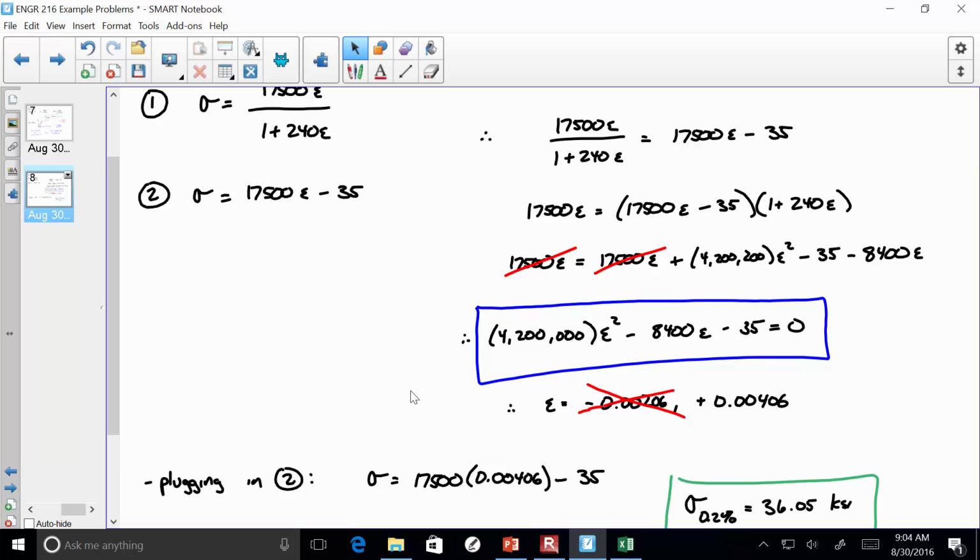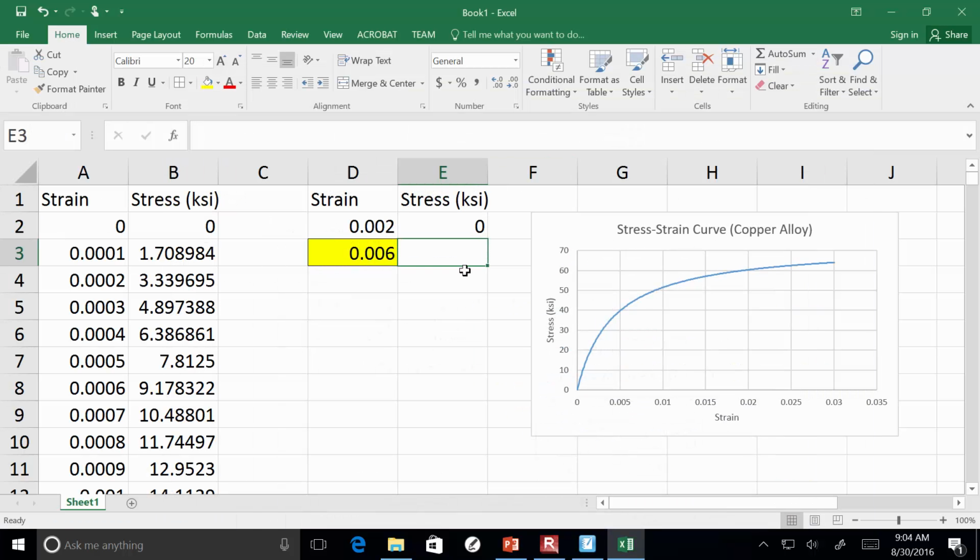So equals 17,500 times this minus 35, right? Okay. Actually, for the suspense sake, I'm going to start off small, 0.0021. We'll start off small and see what happens.